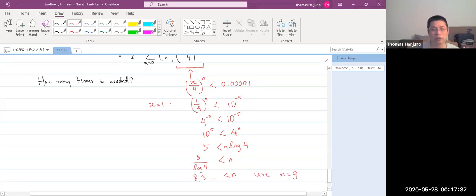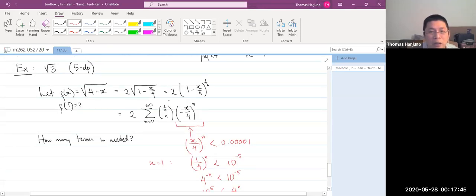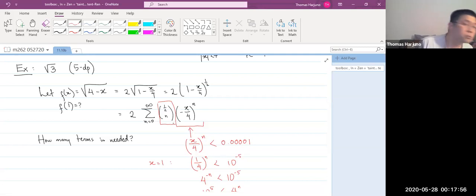So I go 9 terms. Notice that very likely I don't need to go up to 9 terms because this guy here actually goes to 0 very, very fast too. Okay.